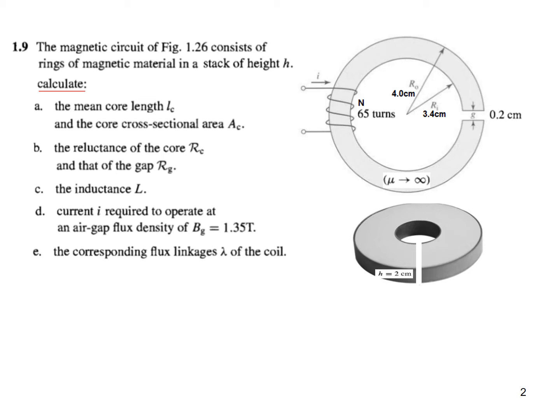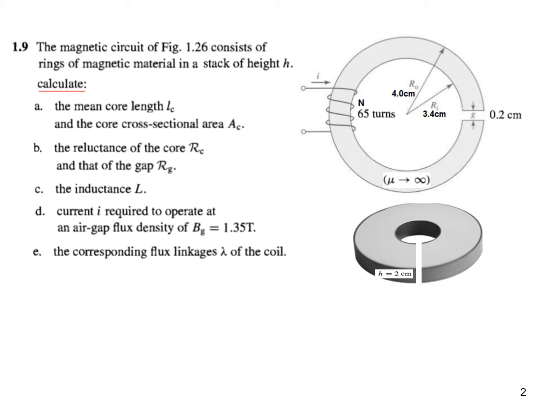Now let's see what the dimensions are. It has 65 turns, the outer radius is 4 centimeter and the inner radius is 3.4 centimeter. The magnetic material has infinite permeability, the core gap is 0.2 centimeter, and the height of the stack is 2 centimeter.